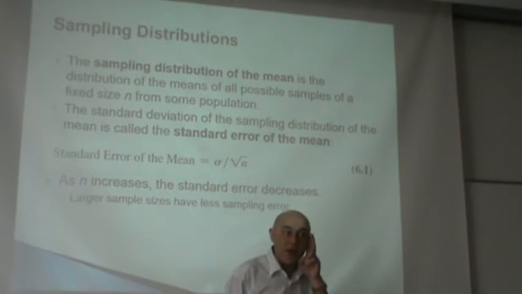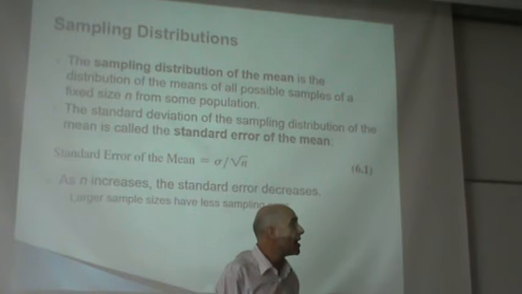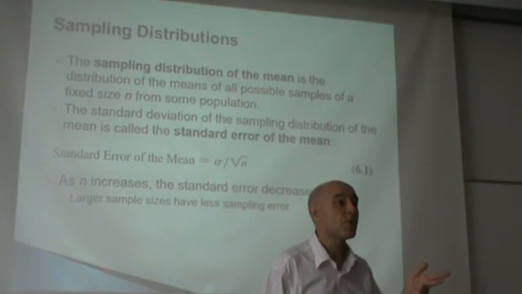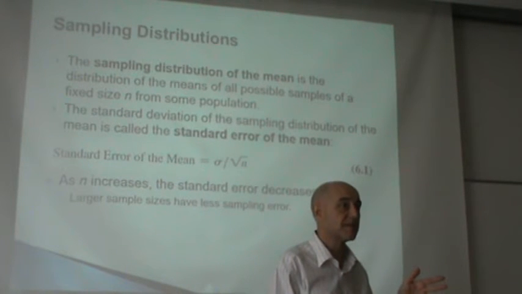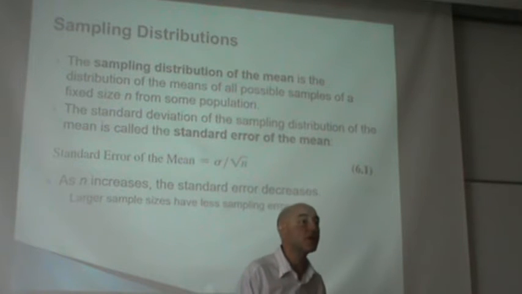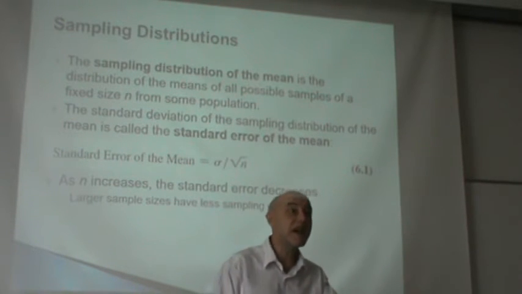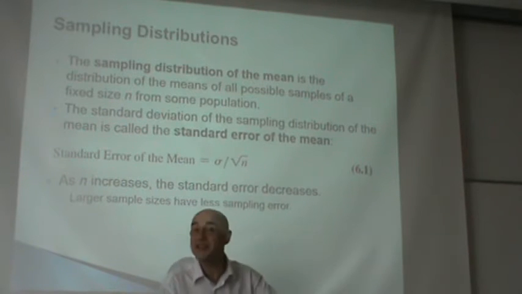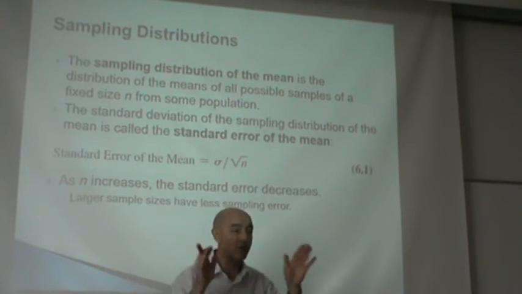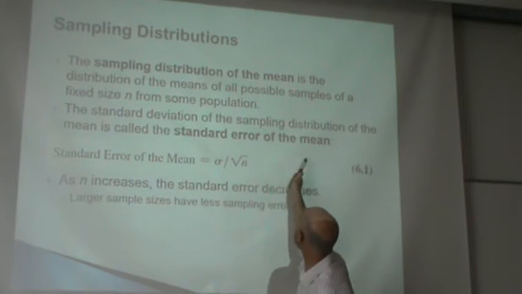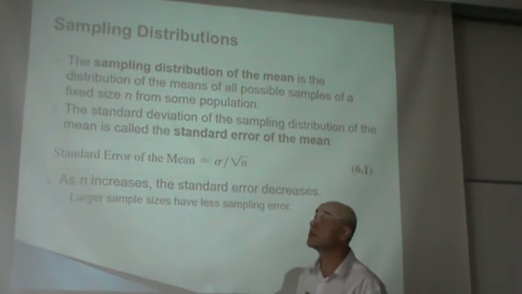So it's very important, and that's probably the first thing that you have to remember and memorize, is not to confuse, because students do, standard deviation with standard error. Standard deviation is something completely different from standard error. In this particular case it is the standard error of the mean.